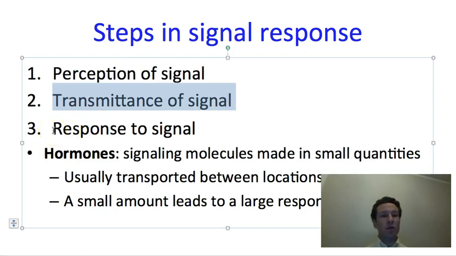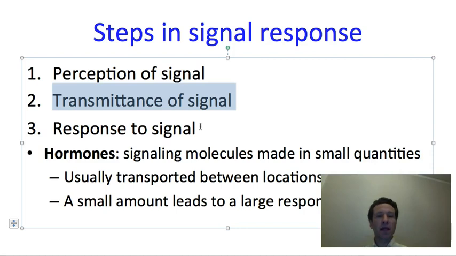Then it needs to actually respond to that signal. The response could be either physiological, so it might do a process faster or slower, or it could be a growth response where it develops perhaps more leaves or more roots, for example.